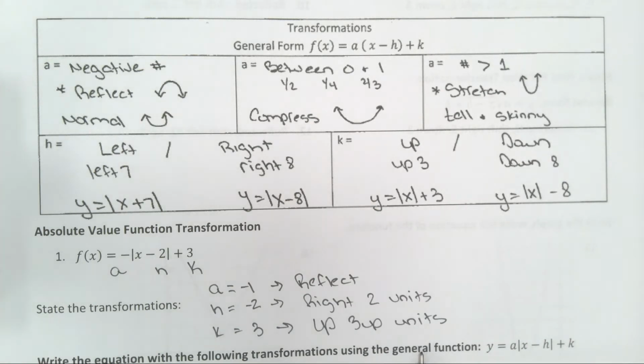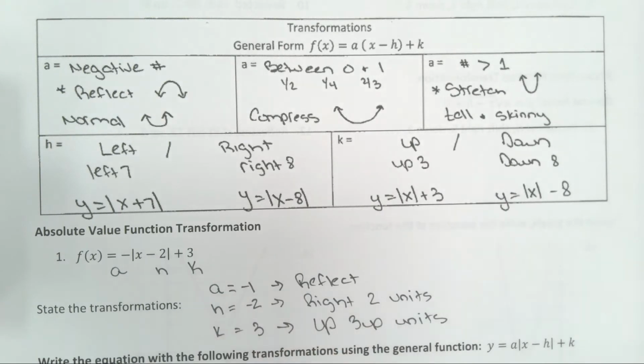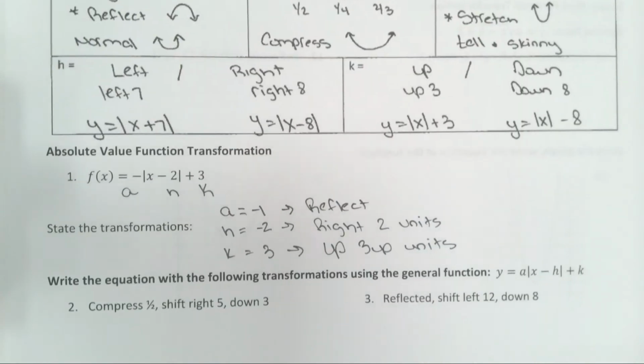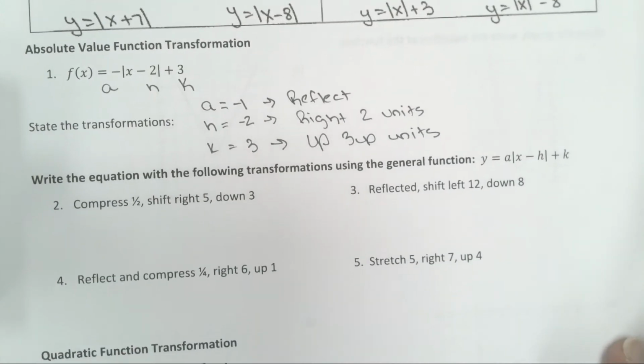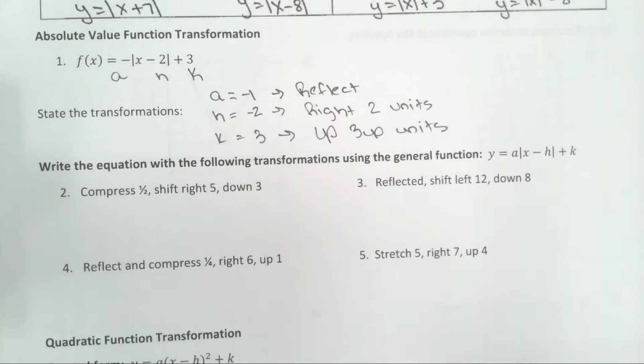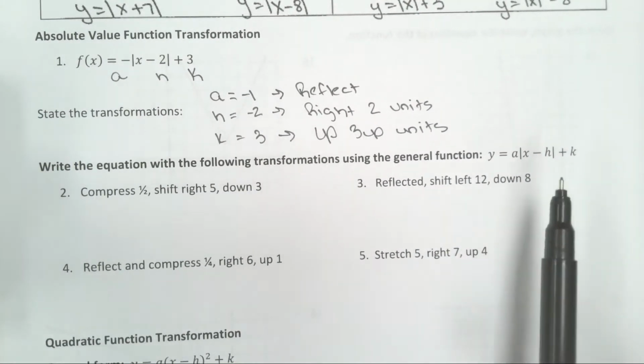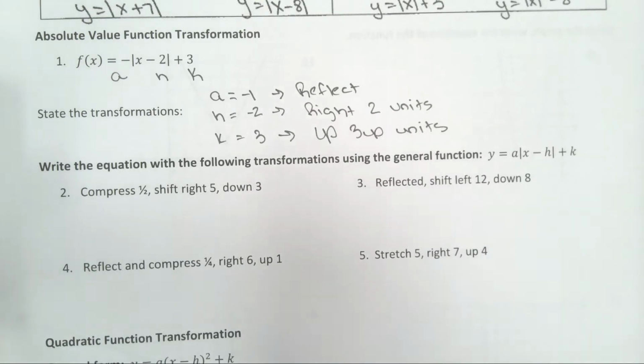So now we're going to be given these words, and we're going to have to work backwards and write the equation that goes with it. So we're going to start off with the absolute value. So here it is in general form. So the first word says you're going to compress by 1/2.